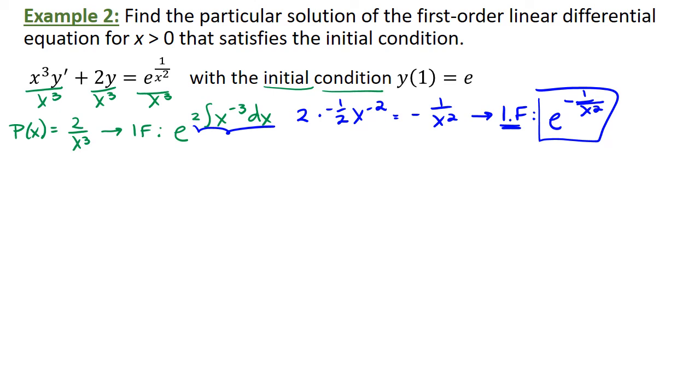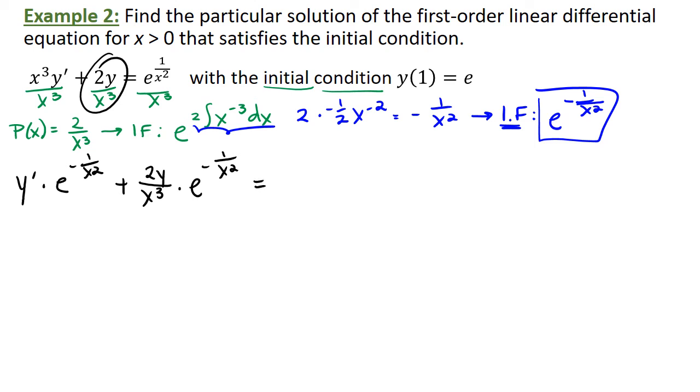When I do this, I'm going to have y prime times e to the negative 1/x squared plus 2y/x cubed times e to the negative 1/x squared is equal to, now this here I'm going to write as 1/x cubed times e to the 1/x squared.